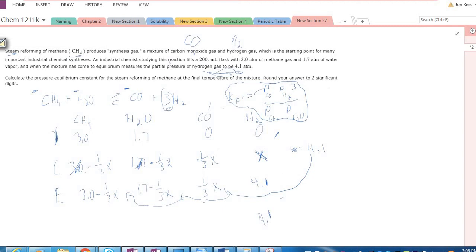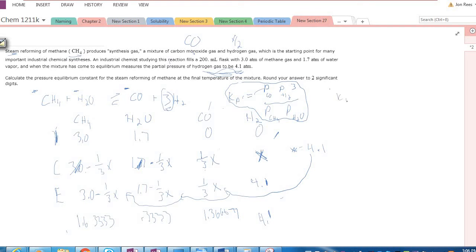Over here, when I did it, I got 1.36667, carry a few extra there. And then for the CO, I got 0.3333. And finally, for the methane, the CH4, I got 1.63333.